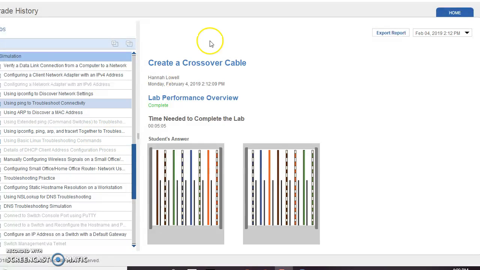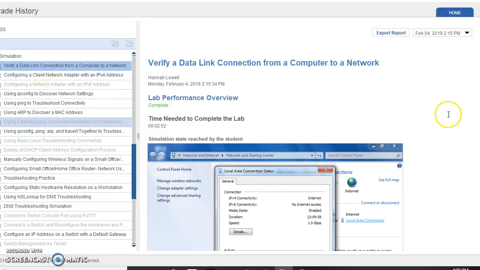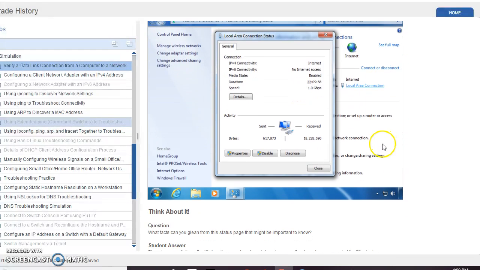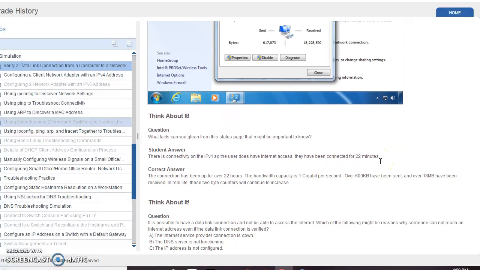Last, we have the simulation components. We have verify a data link connection from a computer to a network. And here we're verifying connectivity.